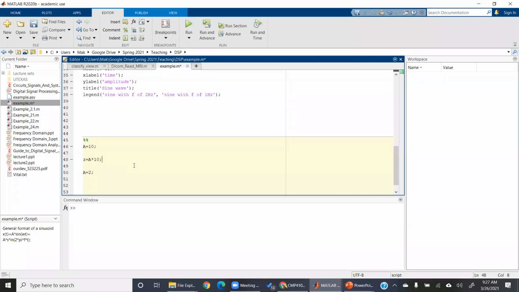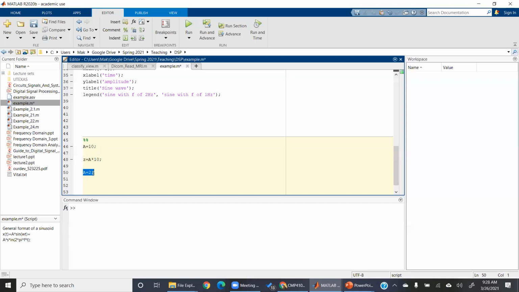Two. It will be 2, right? Right, because the execution is sequential. So it doesn't really matter what you declared A to be before.